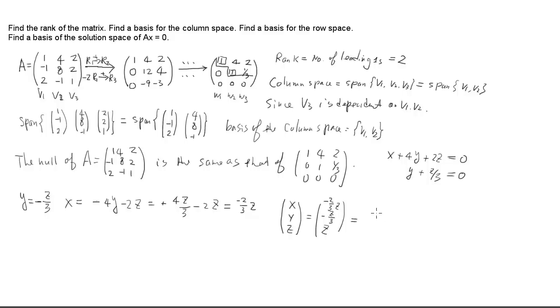If we pull out the common factor z, remember z is a free variable, so we can change it to s or t. So we have negative 2/3, negative 1/3, and 1. And this is the solution set. S is arbitrary.